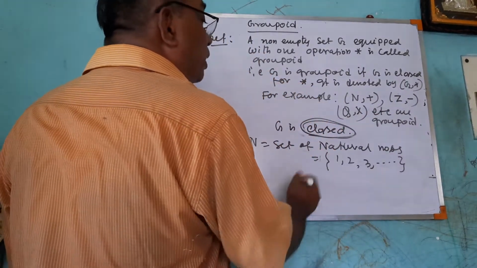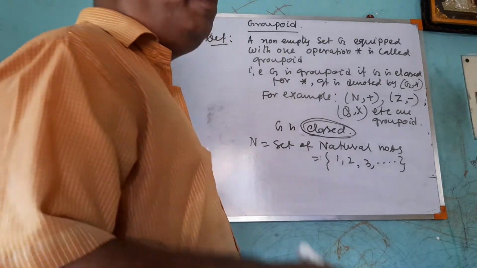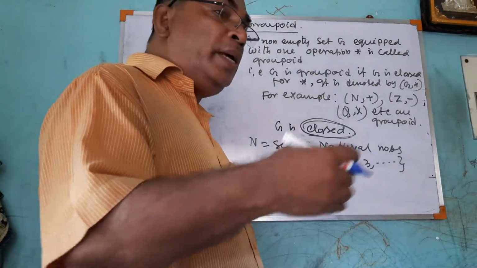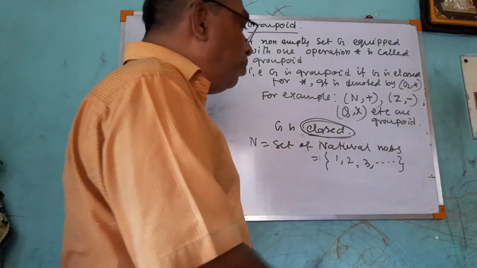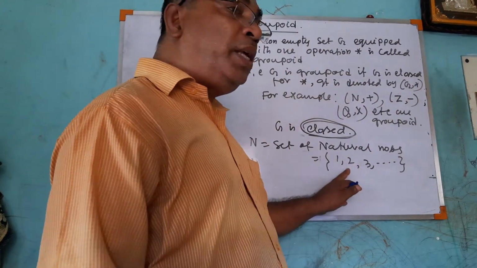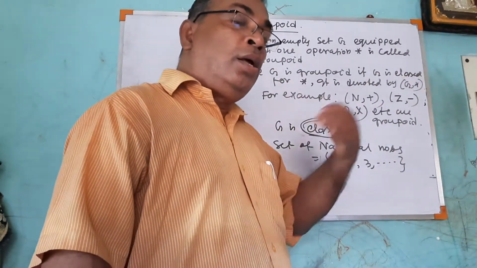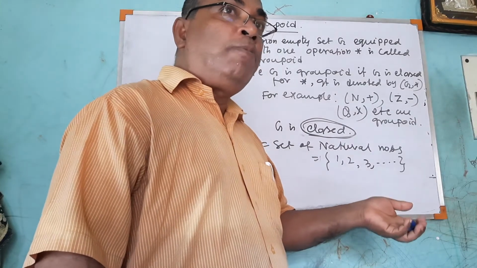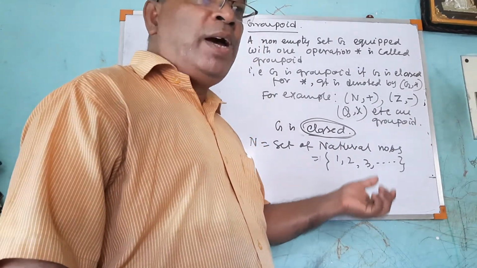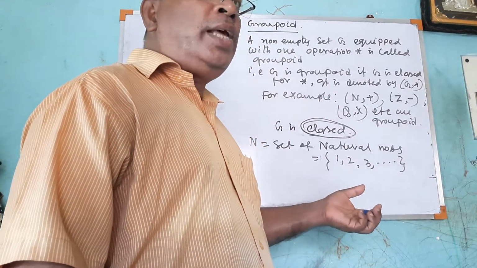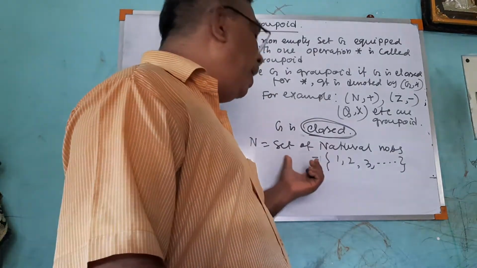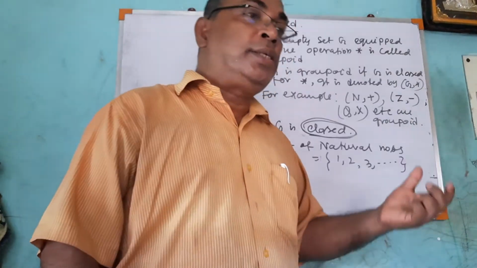What is closed? Closed means if we take any two numbers from this set and operate on them with either plus, minus, multiplication or division, and the result belongs to N, then we can say it is closed.